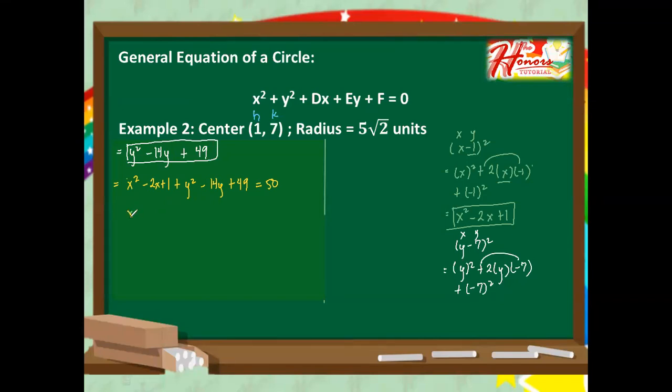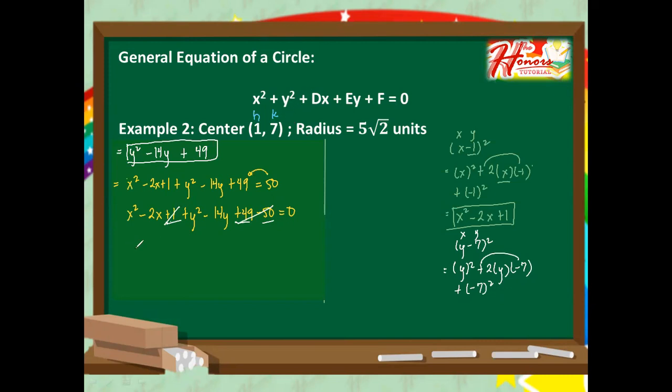So it will become x squared minus 2x plus 1 plus y squared minus 14y plus 49. Transposed to the left side, it will become minus 50 equals 0. Let's continue. Combine like terms 1, 49, and 50. 1 plus 49 is 50, 50 minus 50 is 0. So cancel this all.